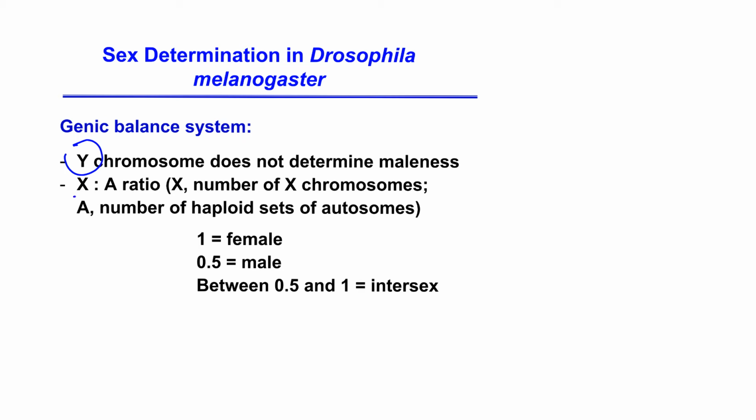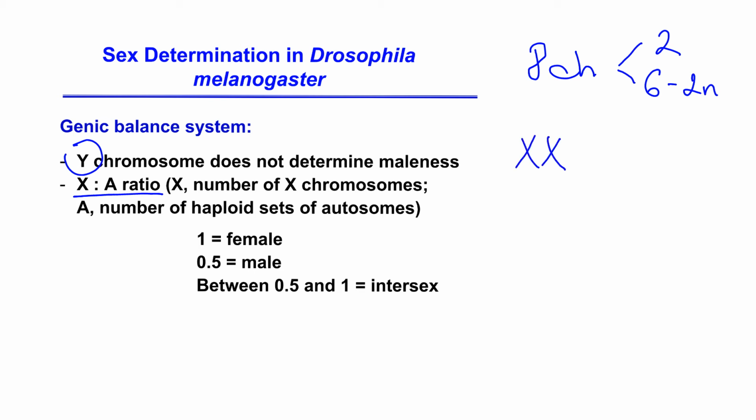Let's say a normal diploid fruit fly has 8 chromosomes. Out of this, you have 2 sex chromosomes and 6 autosomes, which come in 3 pairs. So this is 2n. Now, if you have a fruit fly which is XX and is normal diploid, how do you calculate sex?